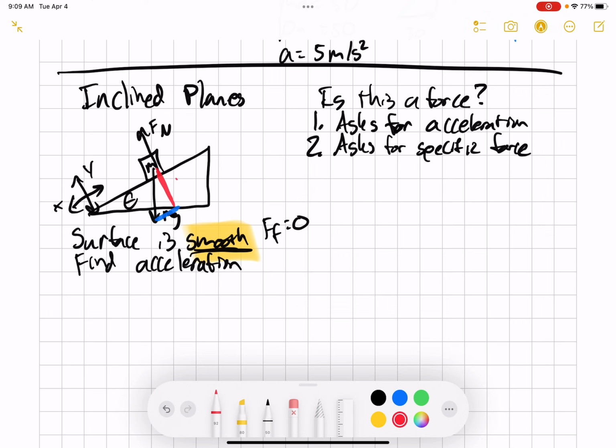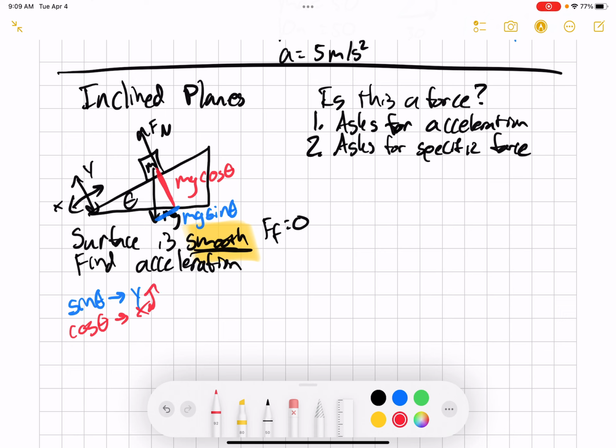So my red part is mg cosine theta, and then the blue part is going to be mg sine theta. Remember, sine usually goes with y, and cosine usually goes with x. But in inclined planes, it's actually flip-flopped.